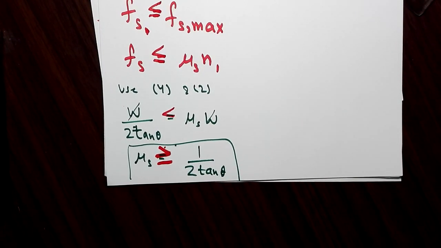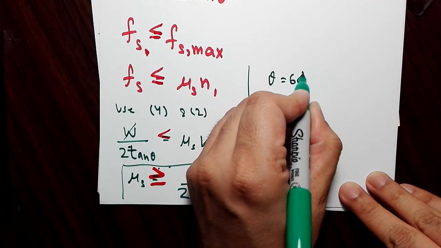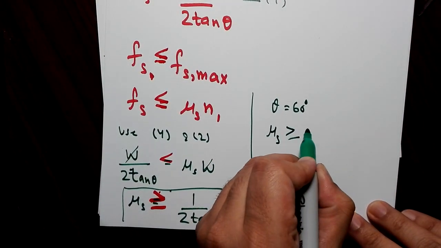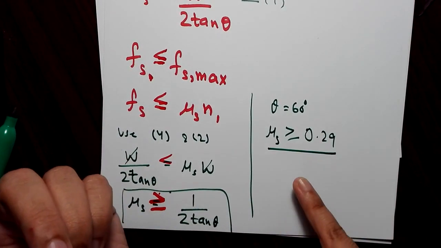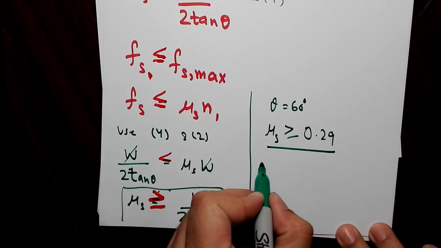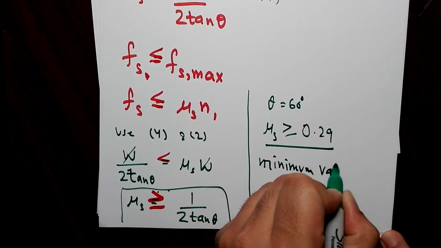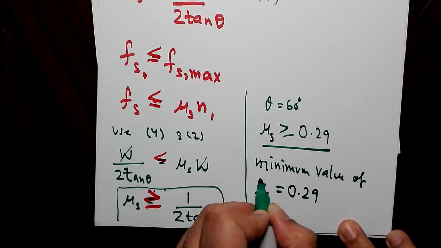This is the minimum value of mu s that you want. Now you can plug in theta equals 60 degrees, and mu s turns out to be greater than or equal to 0.29. So for the ladder to be in static equilibrium, the minimum value of mu s is 0.29.